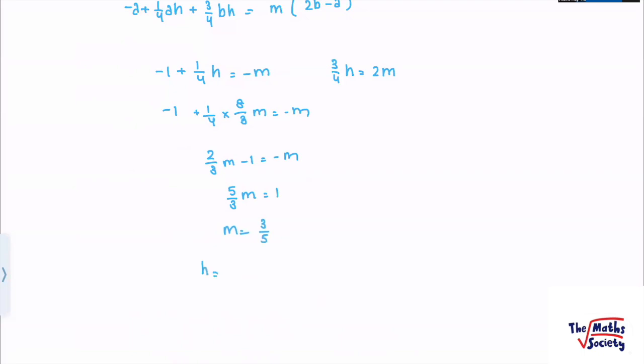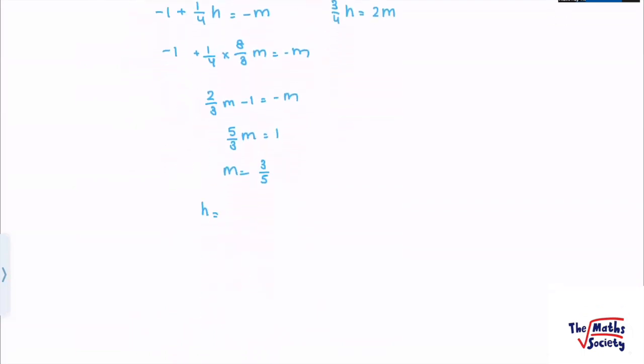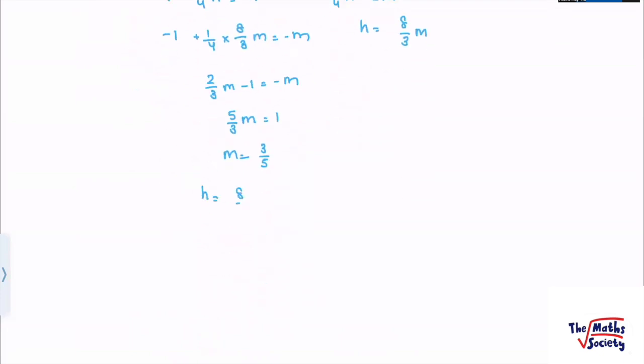Oh, sorry, wait, we need to find the other one first. So h is going to be 8 by 3 m. So now we find h, which is 8 by 3 multiplied by 3 by 5. That's equal to 8 by 5.